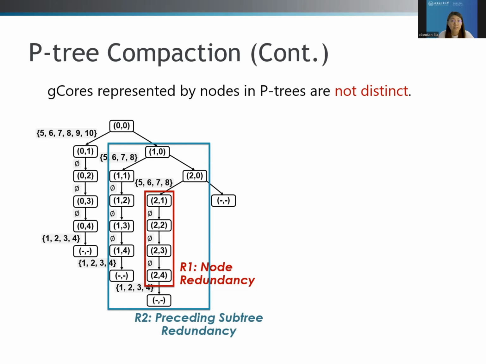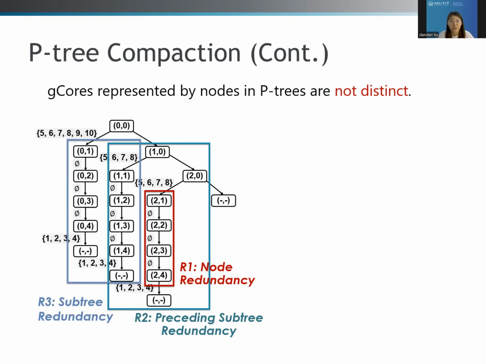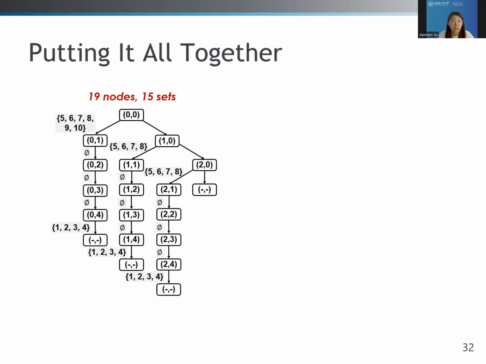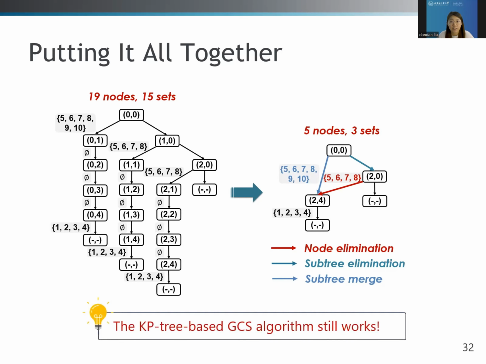Regarding this, a similar removal process can be applied to the redundant region. The third type involves 2 structurally identical subtrees within distinct branches. We deal with this by merging the redundant subtree into its companion. Our compaction schemes will finally result in a succinct deck-shaped structure, and most importantly, the index-based GCS approach can still work on it.